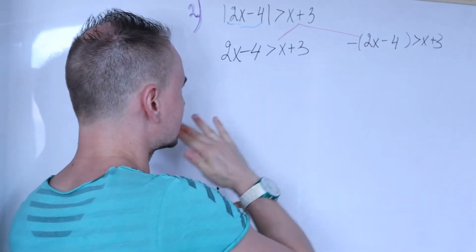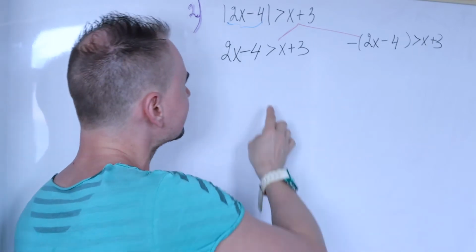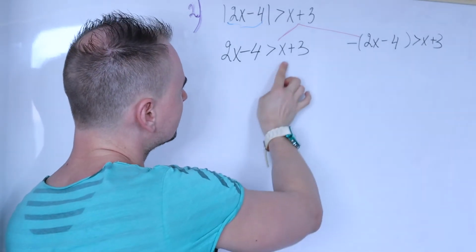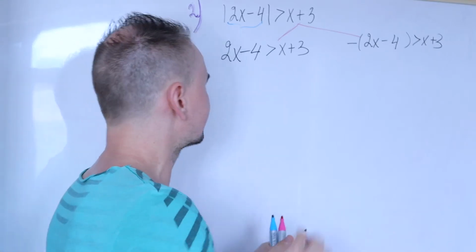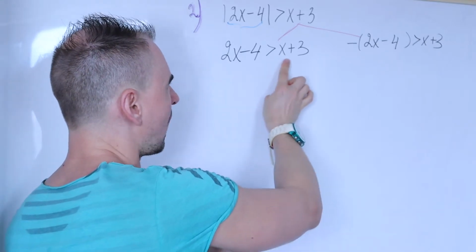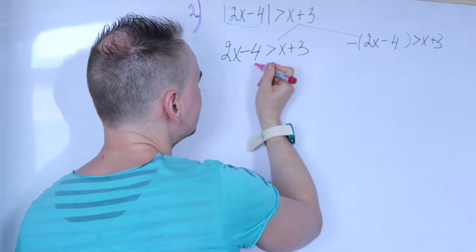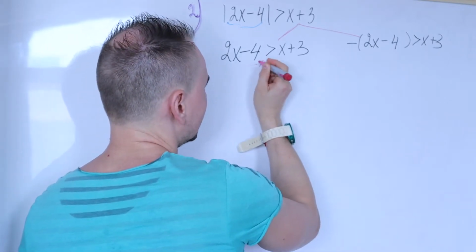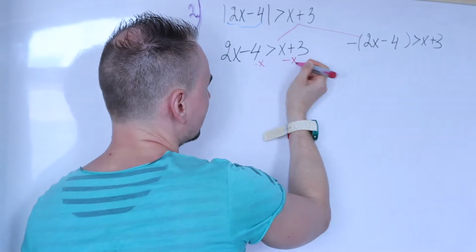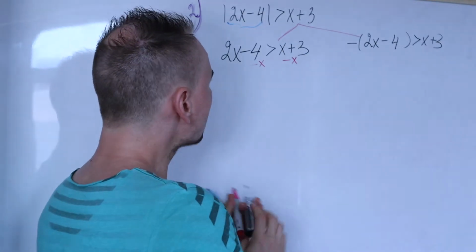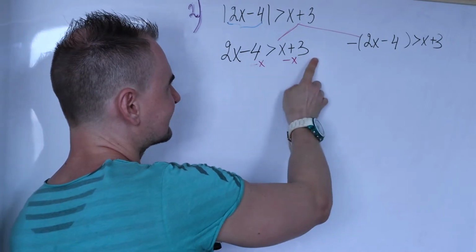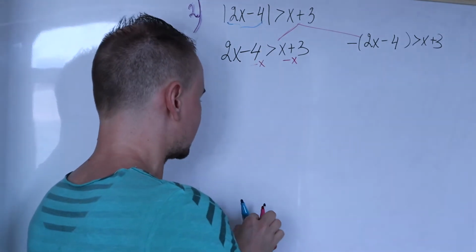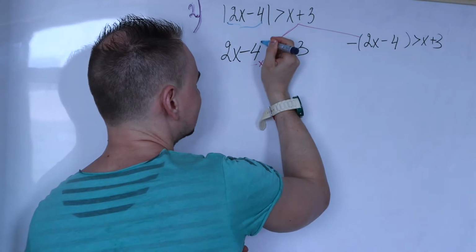So let me just quickly go through this. We want to move this x to the left side by taking off this x from both sides. So minus x, subtract x from both sides. And also we want to move this negative 4 to the right side by adding 4 to both sides. So let's do it simultaneously.